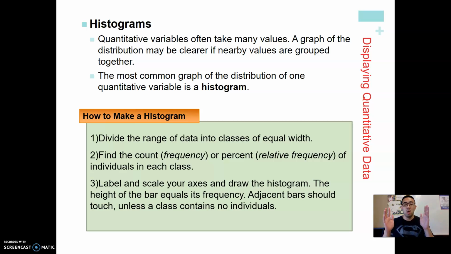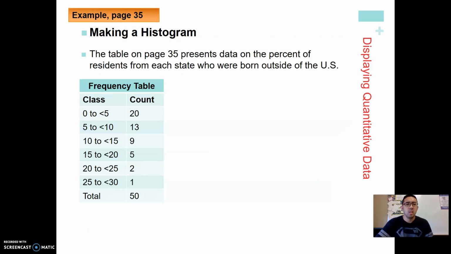Okay, so you might be like, Mr. Shu, what the heck did you just say? I'm going to make it easier for you. This is in your book. You can take a look at page 35 if you would like on the book scan.